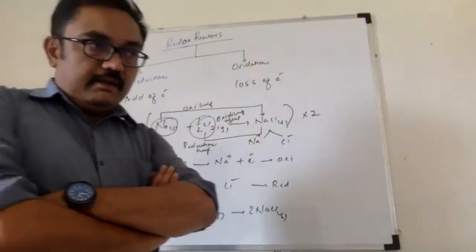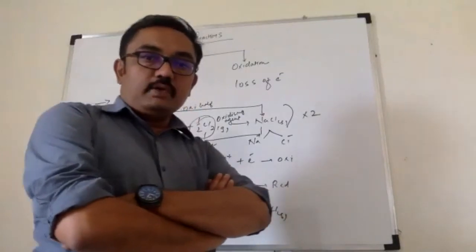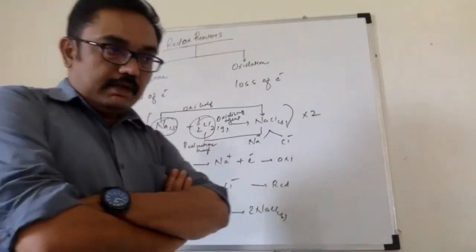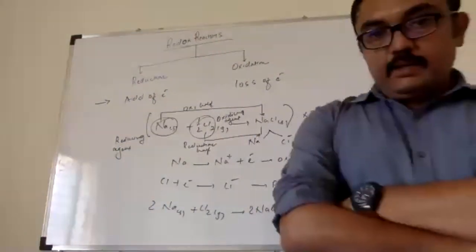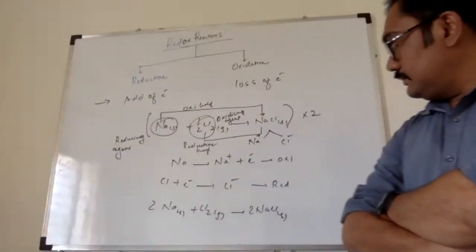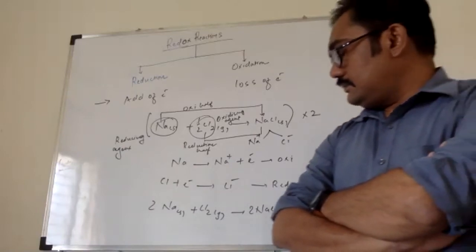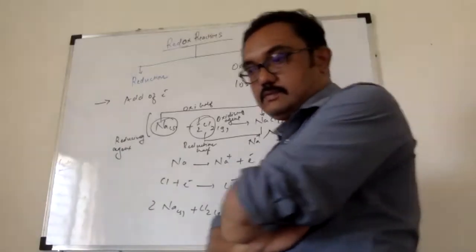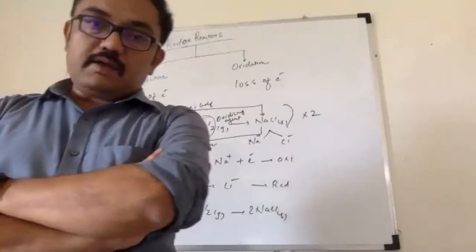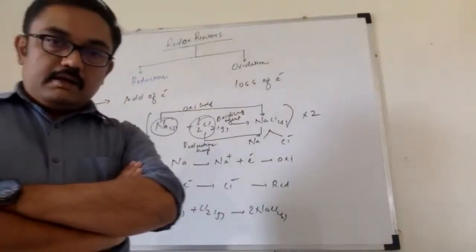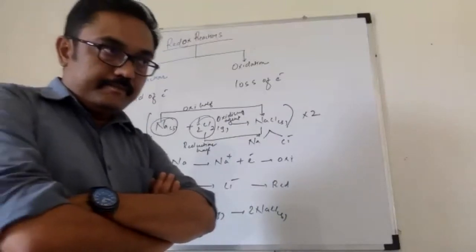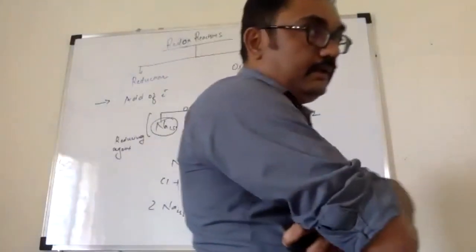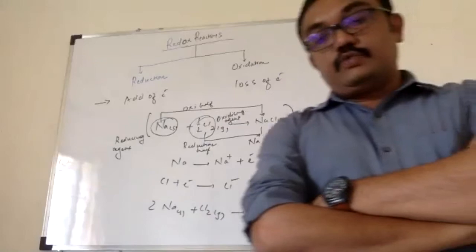Second, identify the reduction half and oxidation half. And third, label the reducing agent and oxidizing agent.